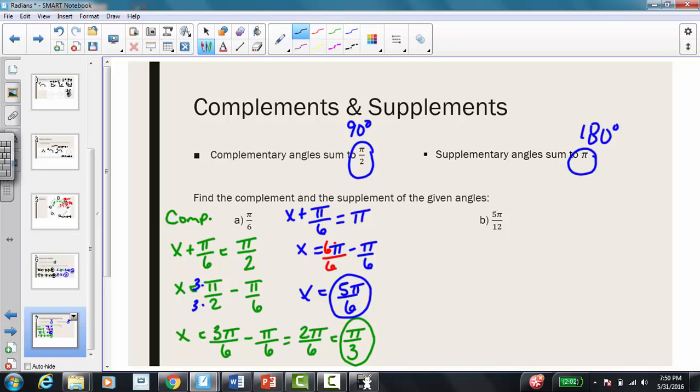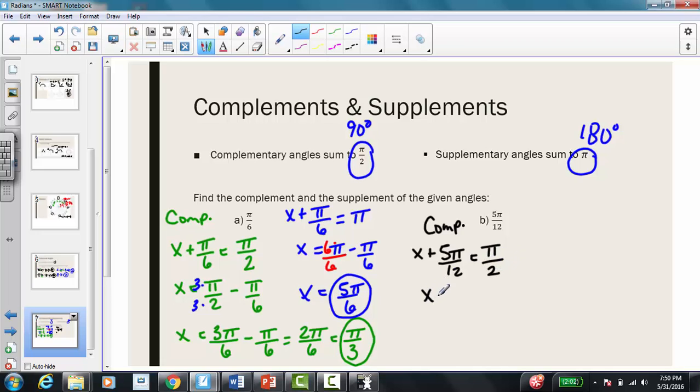All right, in this last example, we have 5 pi over 12. Again, we need to find the complement and the supplement of this angle. So we're going to start with the complement, x plus 5 pi over 12. These two angles need to sum to equal pi over 2.